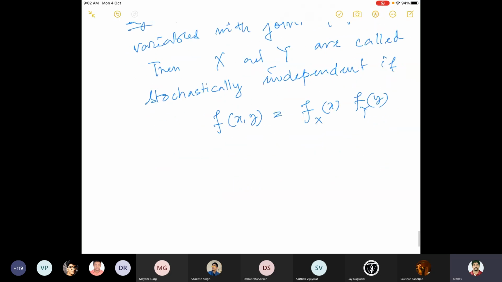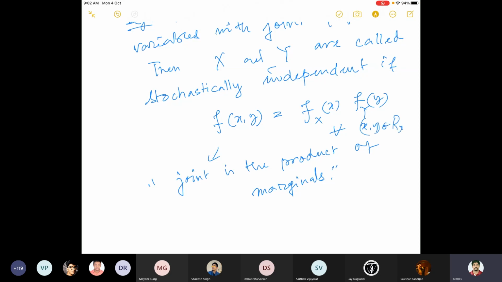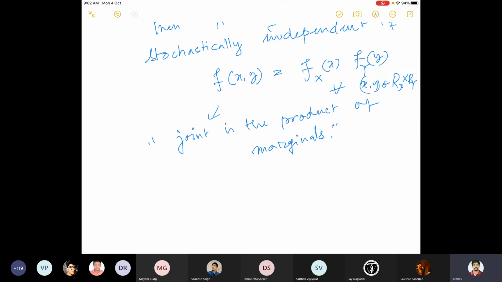So if the joint PDF is the product of marginals, then the corresponding random variables are called independent. This has to be true for all (x,y) in the range space of X times the range space of Y. So if the joint PDF is the product of marginal PDFs, then we would say that X and Y are independent.